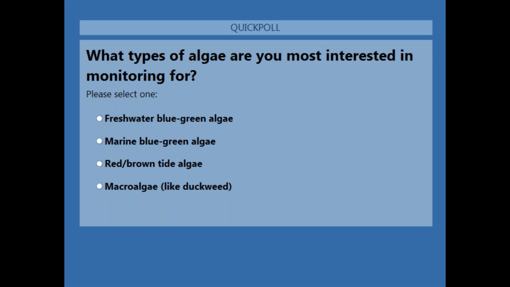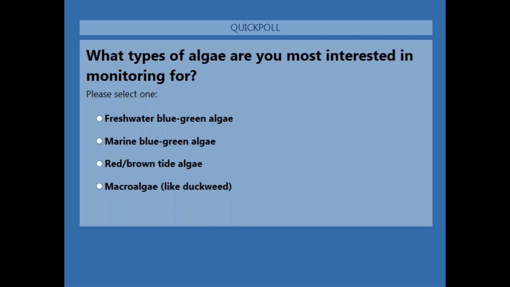Please select one: freshwater blue-green algae, marine blue-green algae, red-brown tide algae. And Stephanie, you're going to have to help me with this last one. I'm not sure if I can pronounce it properly. Macroalgae, is that correct? That is correct. Well done. Also known as duckweed, I assume. That is very good. That is one of the macroalgae, yes.